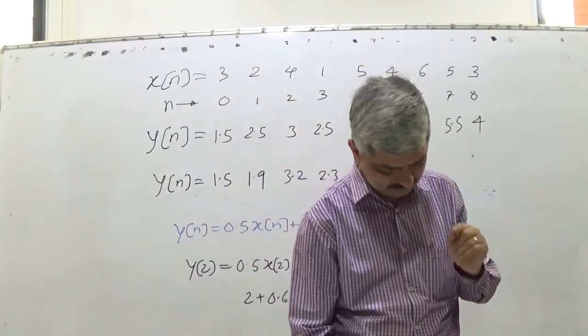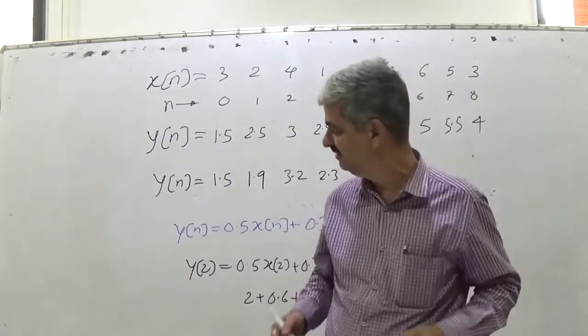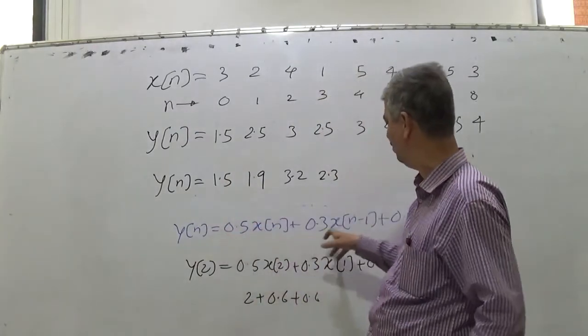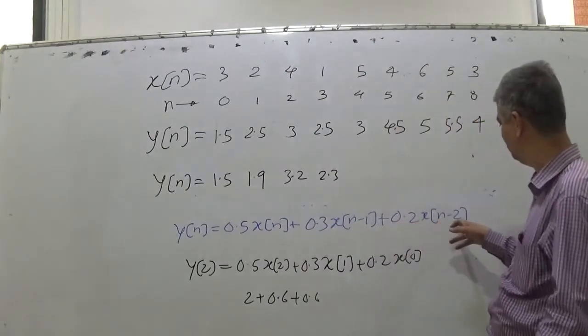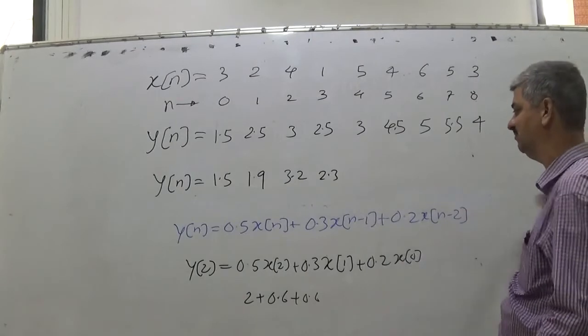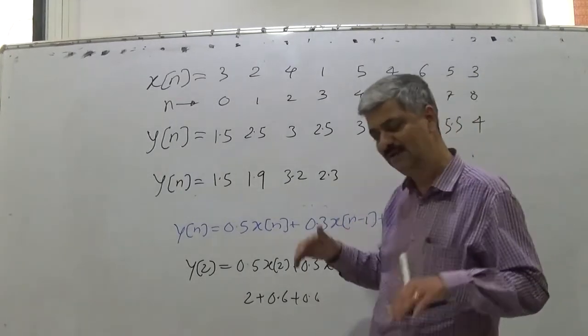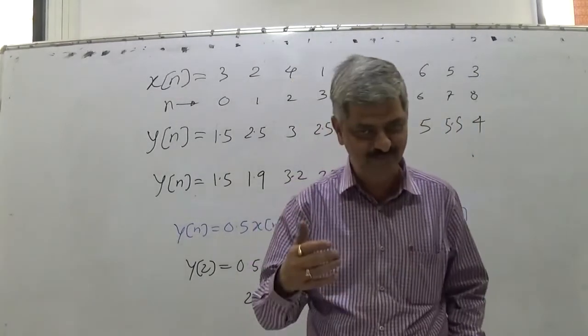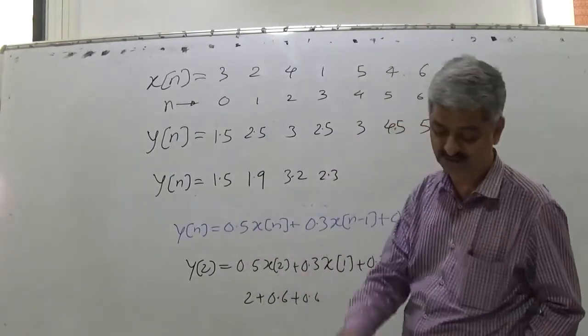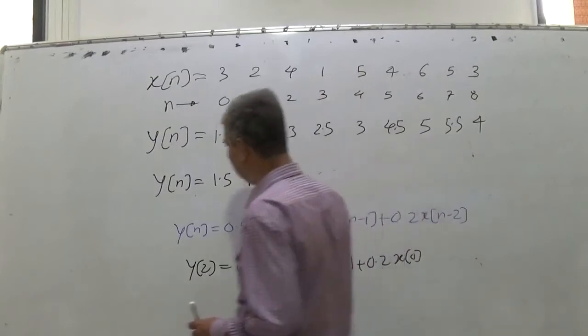So if you can't express that, we express this as yn equal to 0.5 xn plus 0.3 xn minus 1 plus 0.2 xn minus 2 plus something xn minus 3 plus something xn minus 4. You can't finish writing the formula because all the 0.5, 0.3, 0.2 are not related to each other.